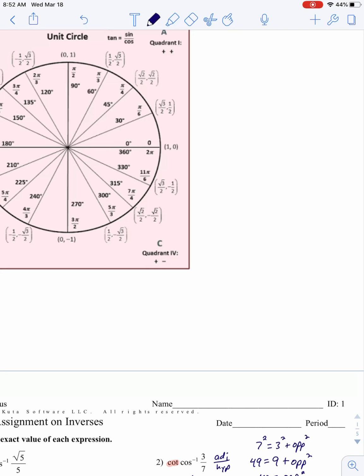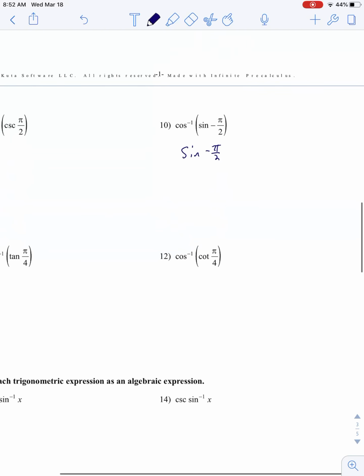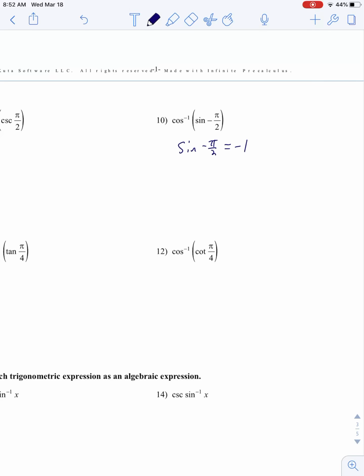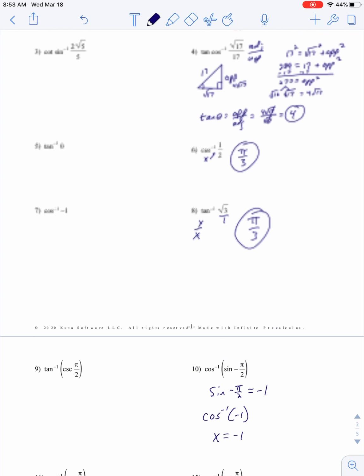Sine of negative pi over 2. Negative pi over 2 is right here. Sine, of course, is a y value. So what's in parentheses here works out to be negative 1. Now we're supposed to do the inverse cosine of negative 1. Cosine, of course, is an x value, so we're essentially looking for an x value that equals negative 1 on the unit circle.